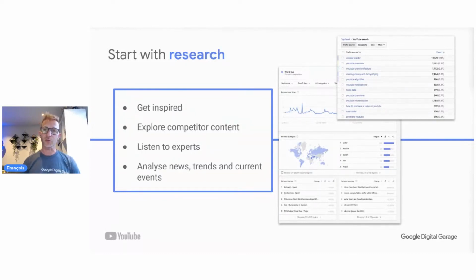So try to find some inspiration first of all, if you don't have any ideas. Tools like the homepage of Google will help you, but we also have Google Trends. Google Trends is a tool that we forget to use because we just think that people are going to use the search. Google Trends will tell you what people are searching right now, and its popularity for various search terms over a period of time, literally years.